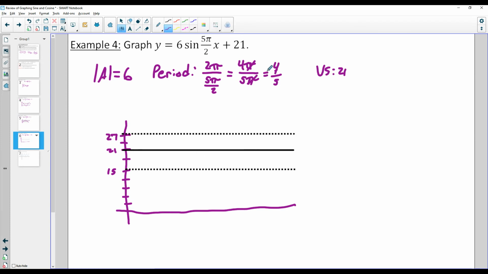And then lastly, my period is 4/5, so that would be my end tick. Again, I'm not going to worry about the other ticks. If you want to fill them in, you can, right? This will be 4/10, which is the same thing as 2/5, half of 4. That's going to be 1/5, and this is going to be 3/5.